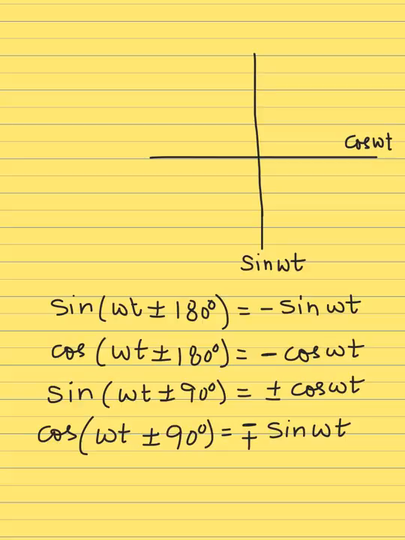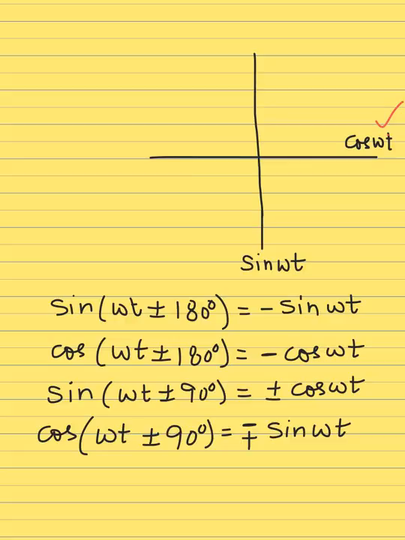Okay, so we're looking at the sinusoids in 4-quadrant space. This is where we have sine omega t. So let's look at the identity. And here we have cos omega t and sine omega t. Let's look at the identity, which is saying sine(omega t plus 180 degrees). So positive 180 degrees, you go counterclockwise to add it.